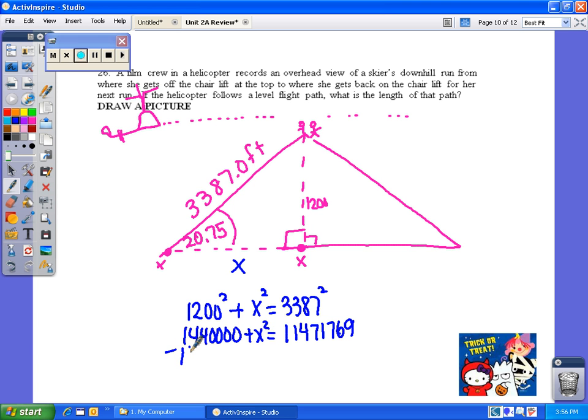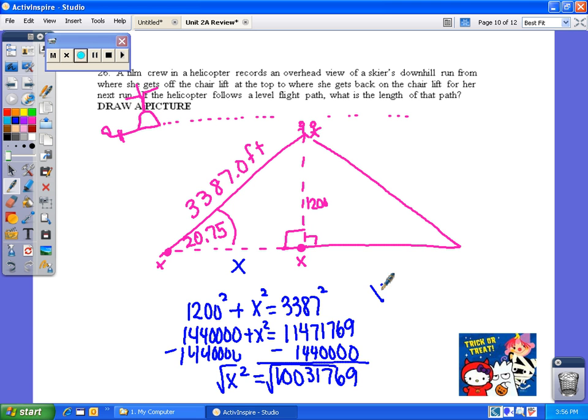So we're just going to subtract this on both sides. Take the square root.